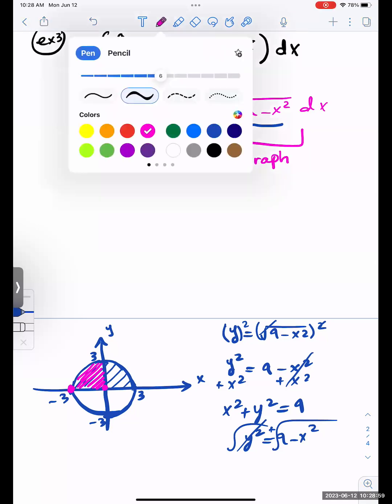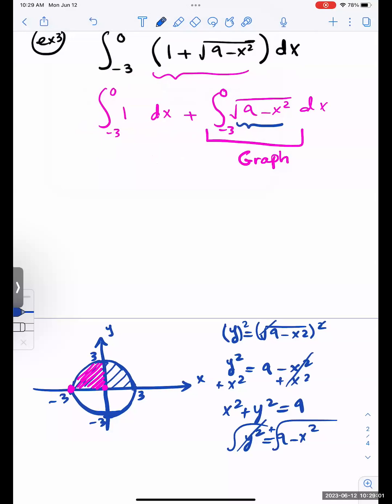Integral is equivalent of area under the curve. Do you all agree with that? Integral is the same thing as area under the curve. And for the area under the curve of this pink shaded area, so area of the whole circle is pi r squared.